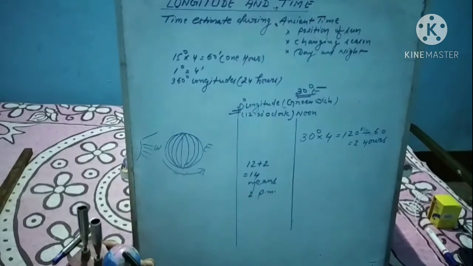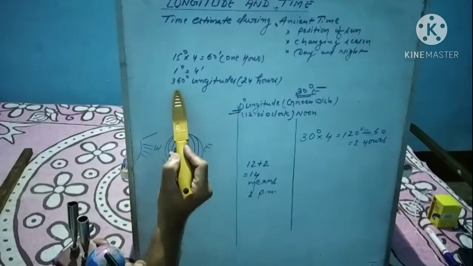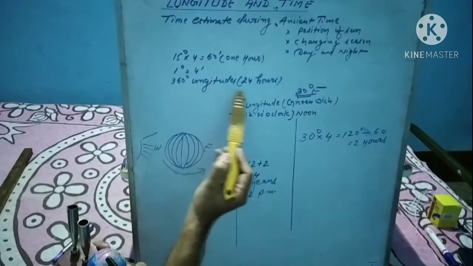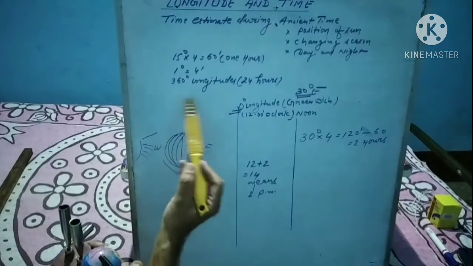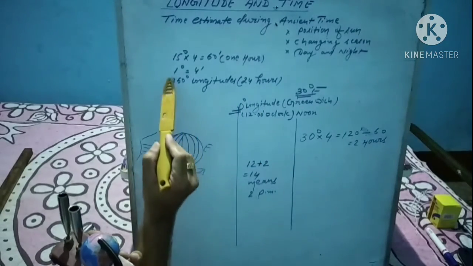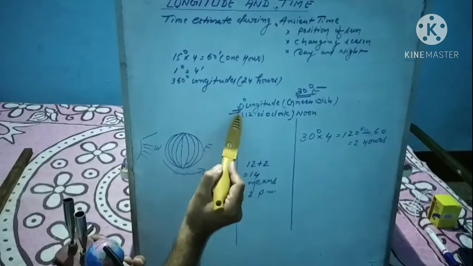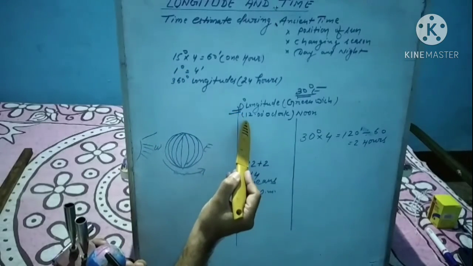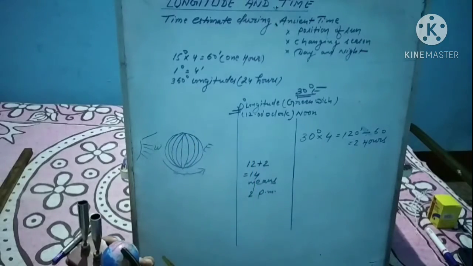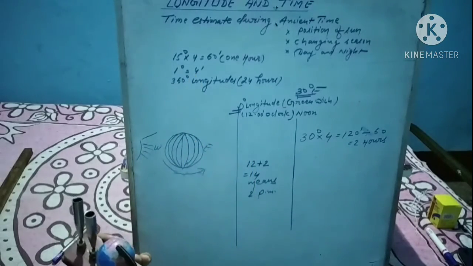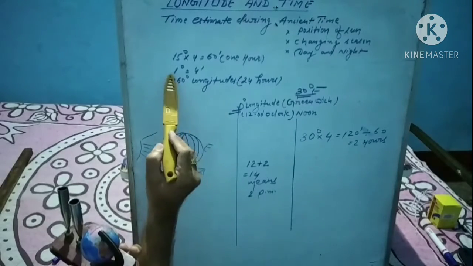So in this way we can say that is why it is written 360 degree longitude completed in 24 hours. It means from 0 to 1 degree longitude, how much time is taken for receiving the sunlight? 4 minutes.